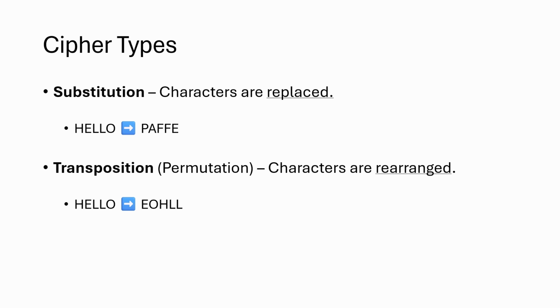So you see hello there is being transformed into PAFFE. So the H is being replaced with a P, E is replaced with A, the L is replaced with F's, and the O is replaced with an E. And transposition would be characters being rearranged. So hello is being scrambled into an unreadable glob of letters, but the letters do not change themselves.